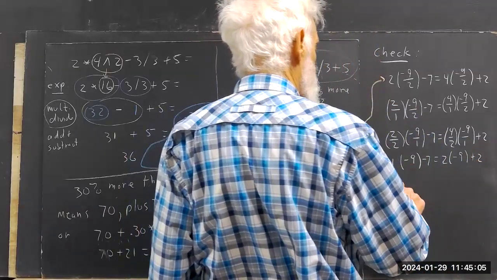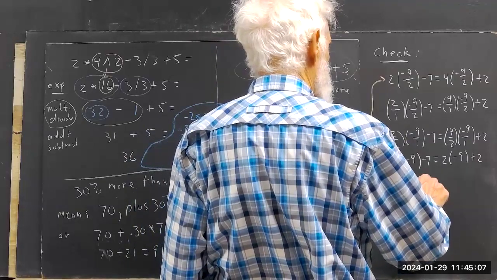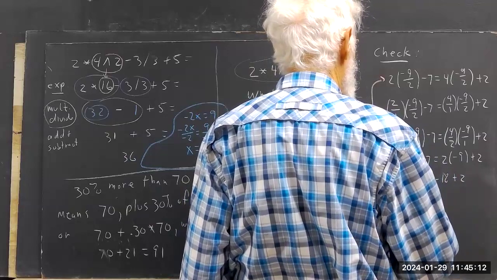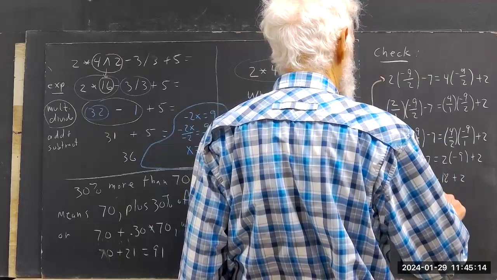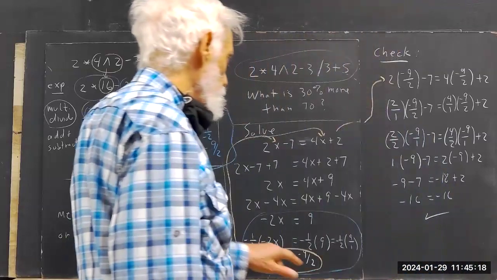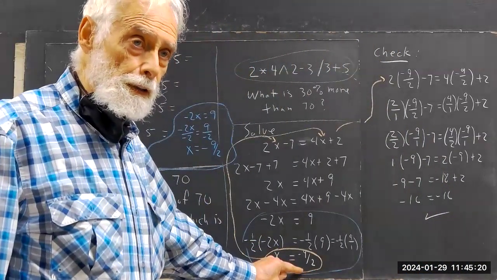Then I multiply this, I get negative 9 minus 7 equals negative 18 plus 2. Negative 16 equals negative 16.